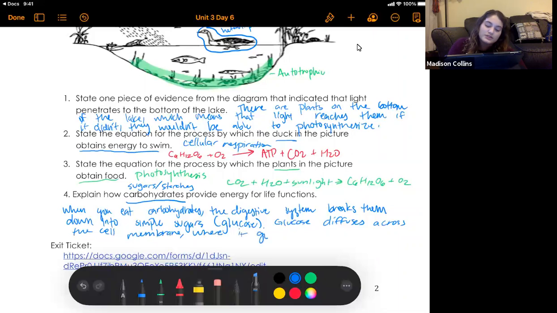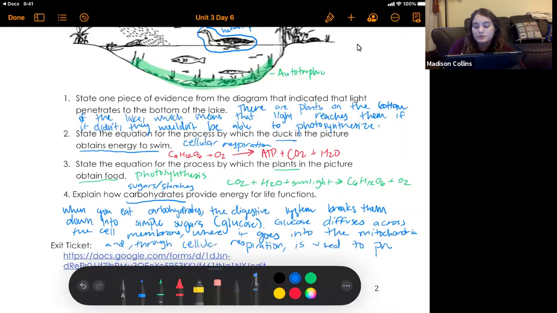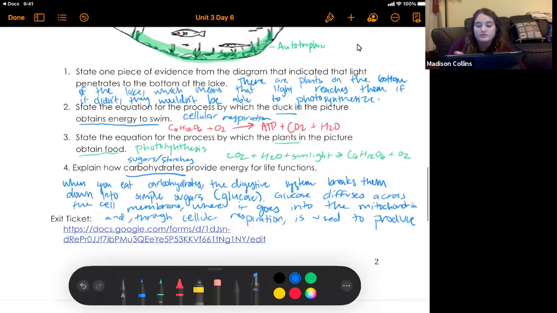Where it goes into the mitochondria. And through cellular respiration, is used to produce energy.